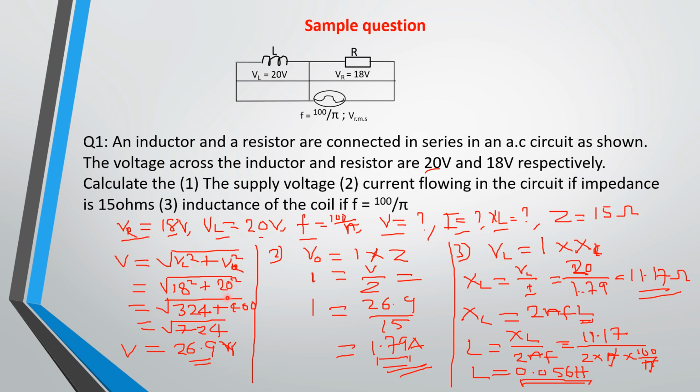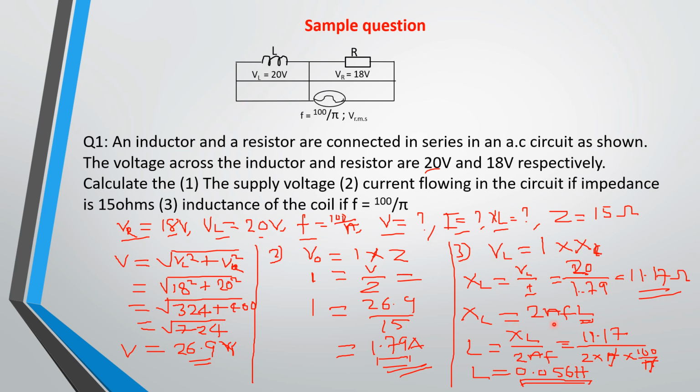Is that okay? So if you look at this question, it typically summarizes all the equations that we just discussed previously. Okay, so this is the supply voltage, which is the total voltage. This is your current, which is the peak current or the current across the circuit system.